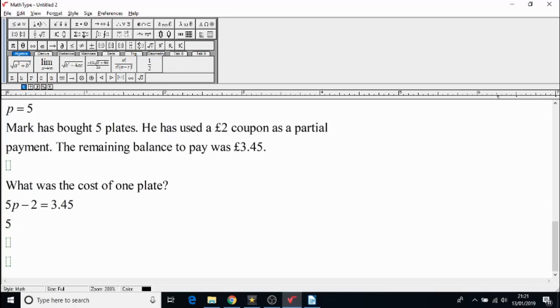So 5p, and whatever you do to the left-hand side, you do to the right-hand side. So to bring 2 to the other side, you plus 2, but you also repeat the process, you plus 2 on the right-hand side. So 3.45 plus 2, and you get 5p is equal to 5.45.